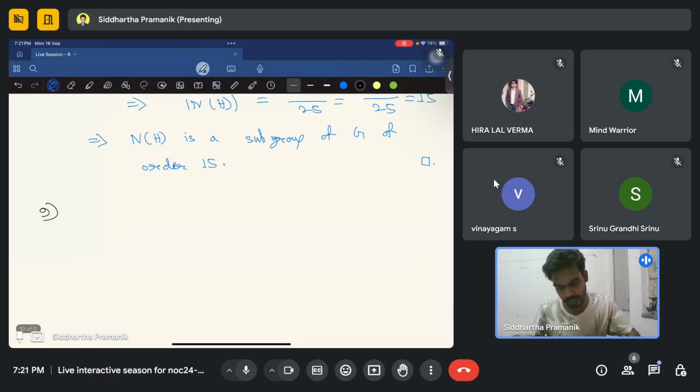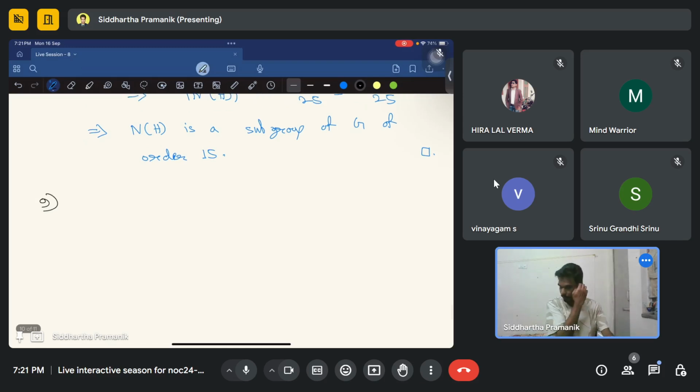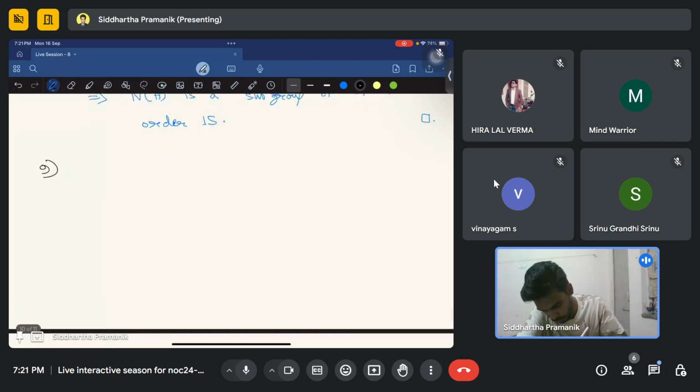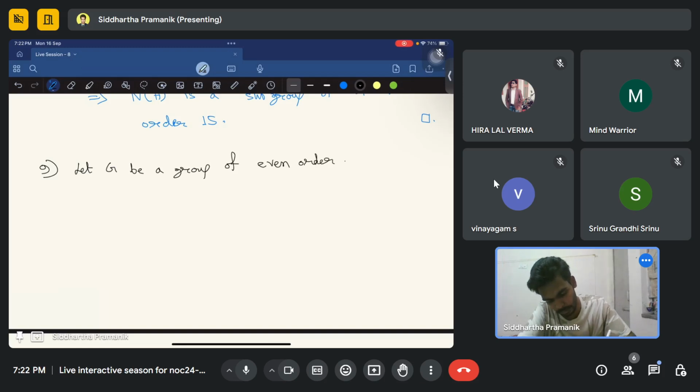First I will start with a basic application of class equation, then I will move on to some concrete problems on class equations. Okay, so let G be a group of even order, meaning the order of G is of the form 2n for some n.